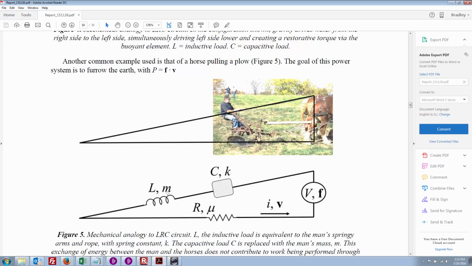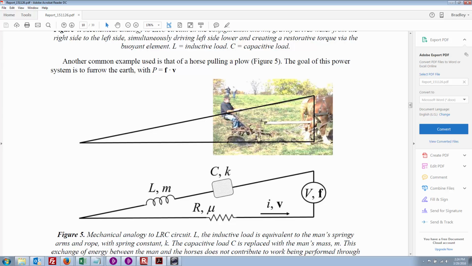He's sort of like the mass, which is M, bouncing back and forth, a lot like those electrons through a motor circuit. Likewise, the capacitor sort of is like a spring, so the guy just is sort of bouncing back and forth on this rope.